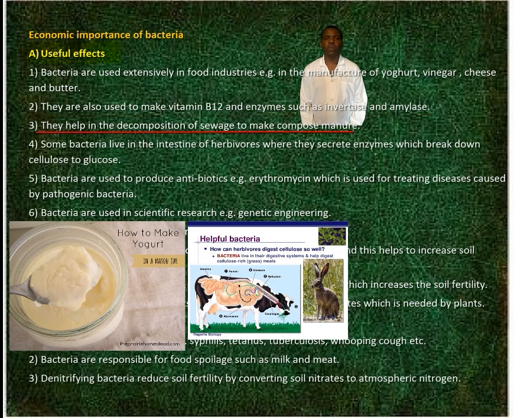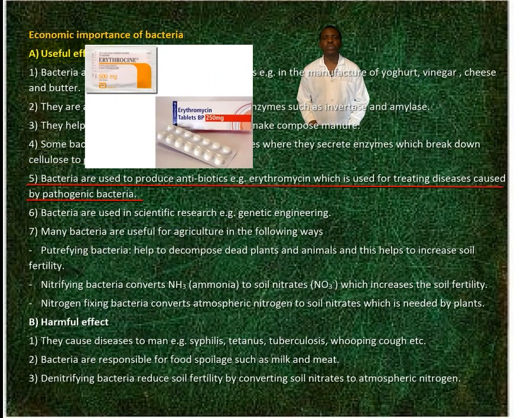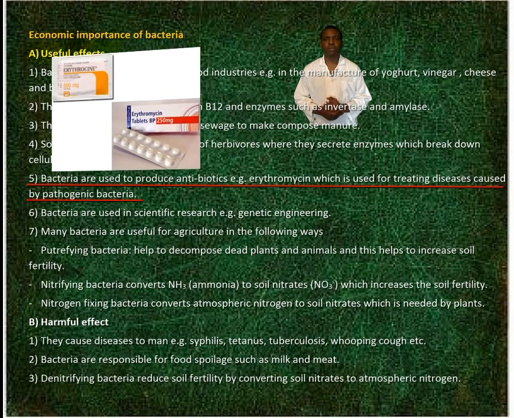They help in the decomposition of sewage to make compost manure. Some bacteria live in the intestine of herbivores, where they secrete enzymes which break down cellulose to glucose. Bacteria are used to produce antibiotics, example, erythromycin, which is used for treating diseases caused by pathogenic bacteria.